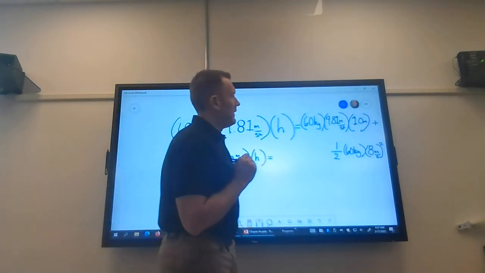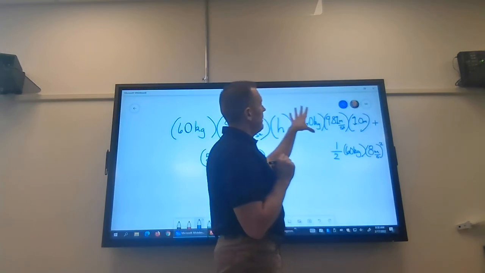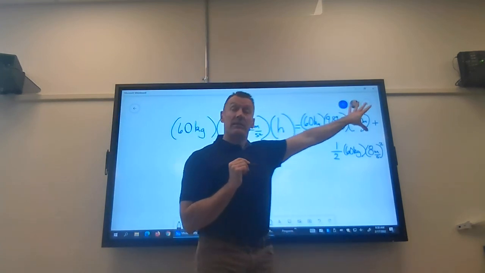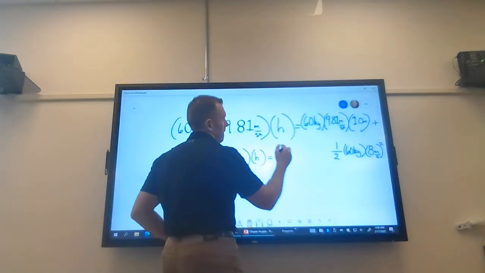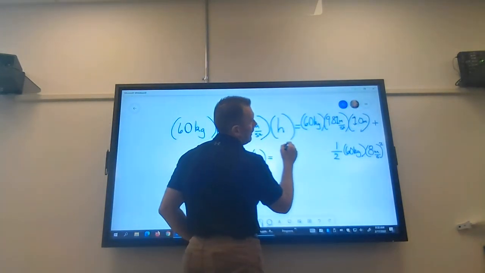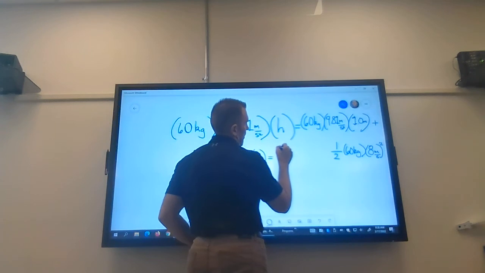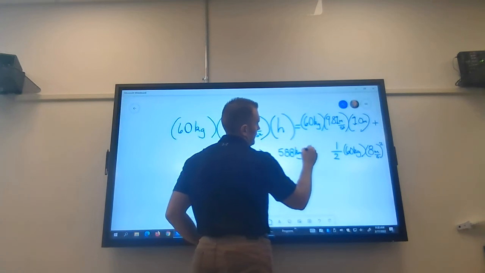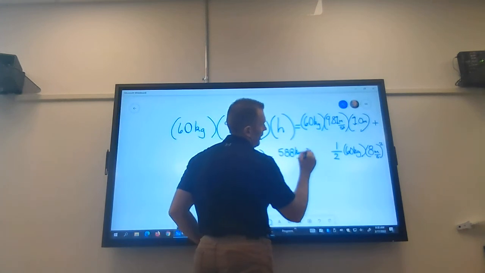Okay, let's work on this side now. Let's start with this right here. So this is also going to be equal to what? Yeah. So 588 kilogram meters squared over second squared.